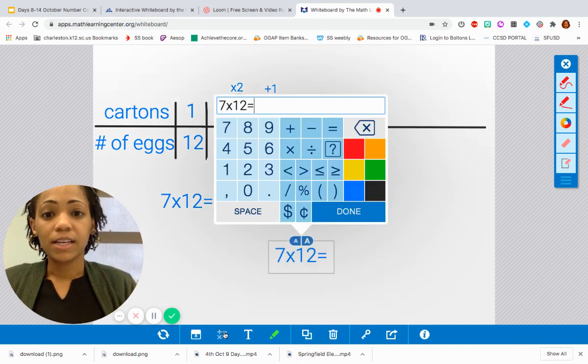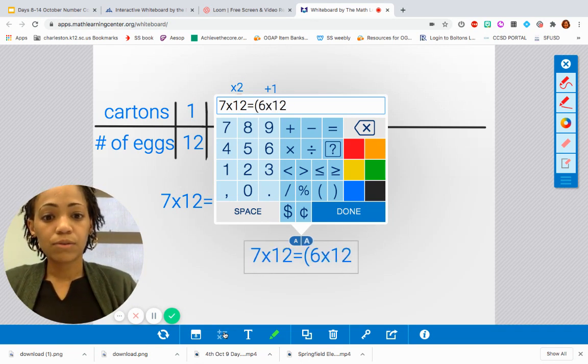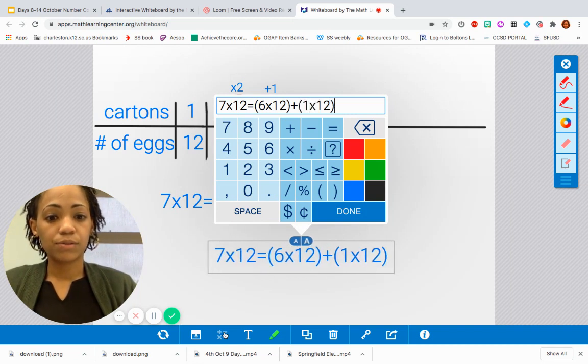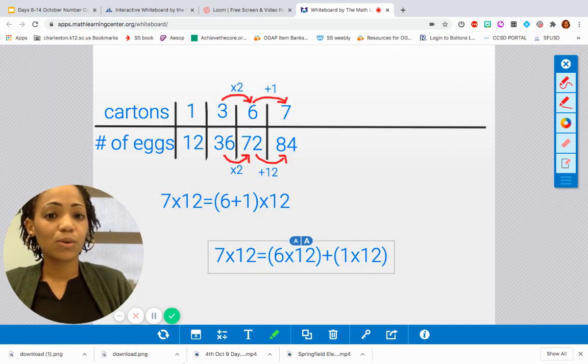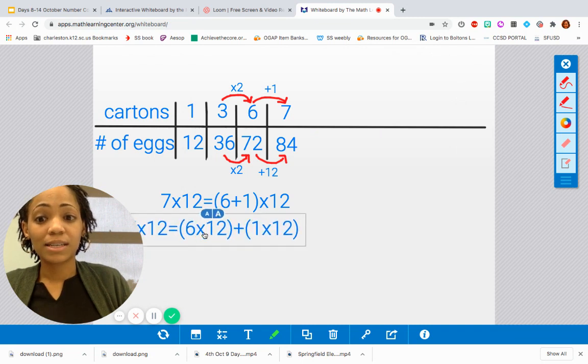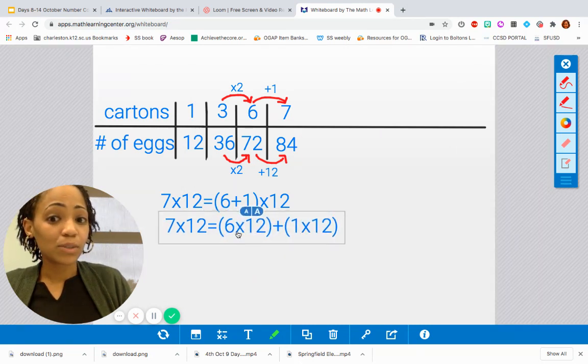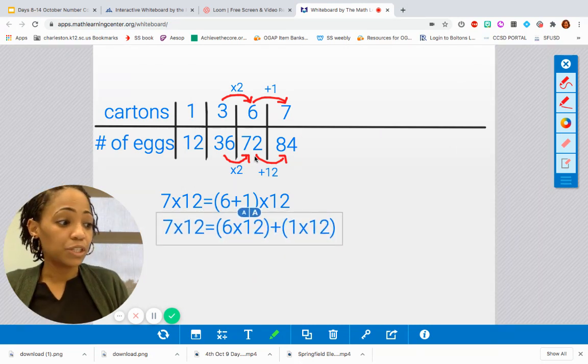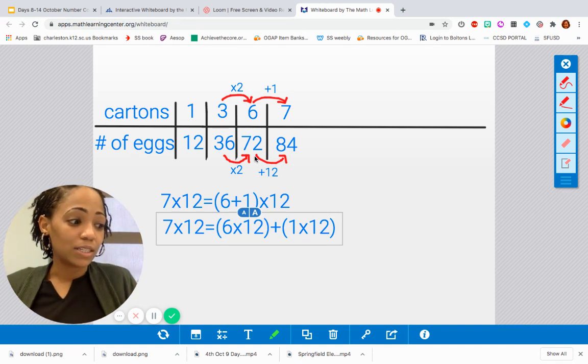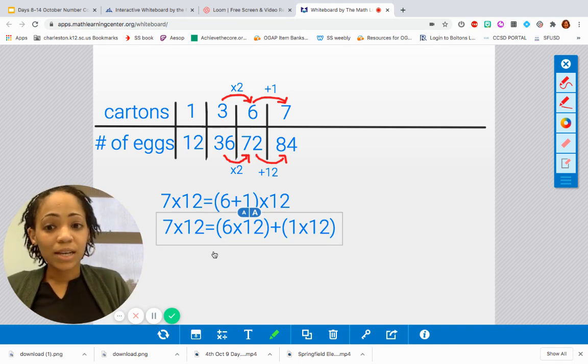7 times 12 is the same thing as saying 6 times 12 plus 1 times 12, which is what we just did. So we know 6 times 12 already because we filled it out on our ratio table, which was 72. And we know 1 times 12.